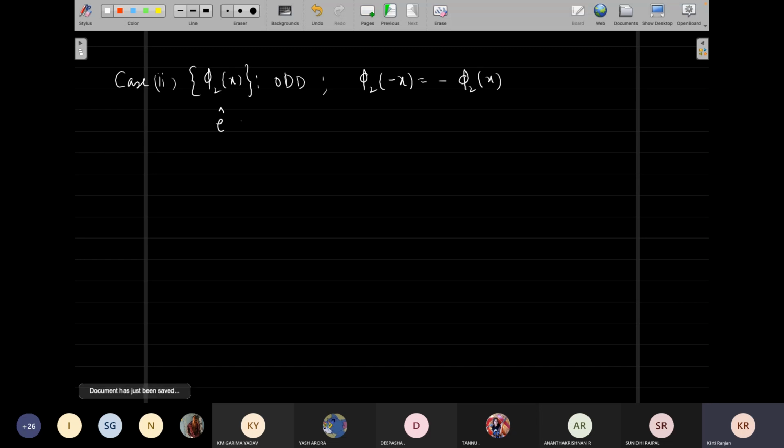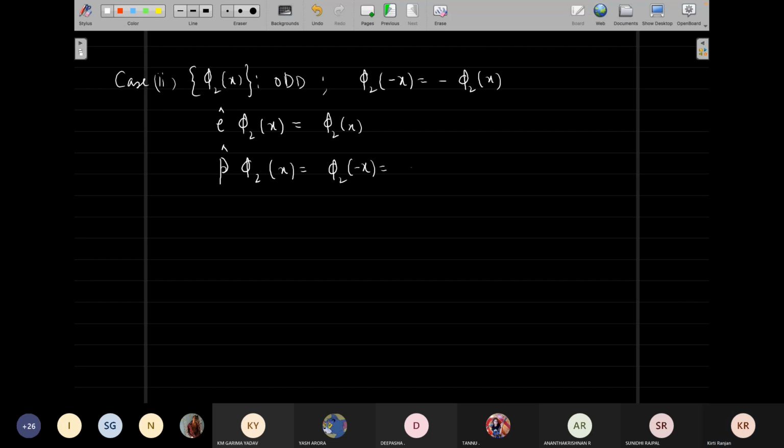Let's say the E operator operates on phi 2(x). What does this give? Phi 2(x). What about the P operator acting on phi 2(x)? This will give phi 2(-x), which results in minus phi 2(x).